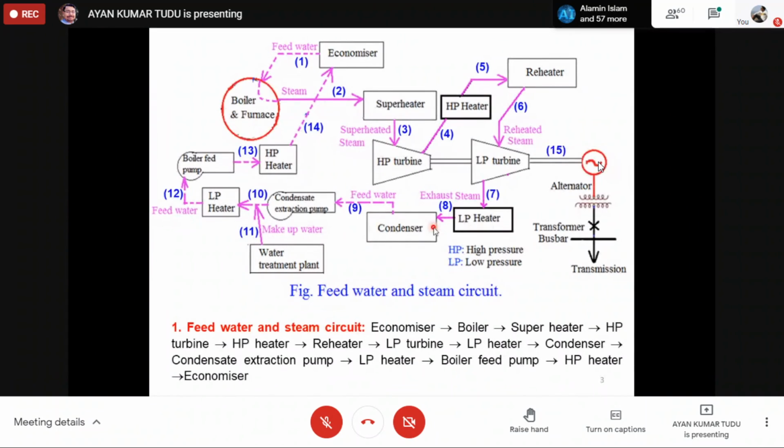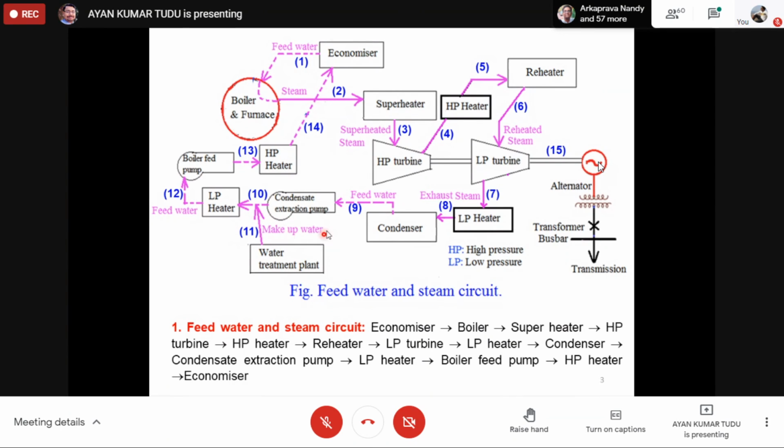As you know, the output of this condenser is being used as our feed water, but some part of the steam, as you can very well understand, will be lost due to leakage and other reasons. So to overcome that, we need this makeup water.